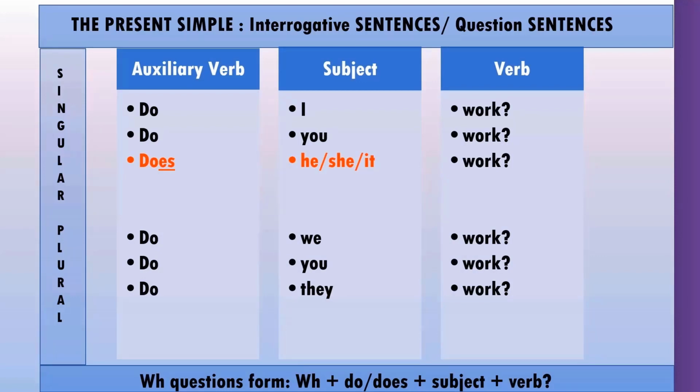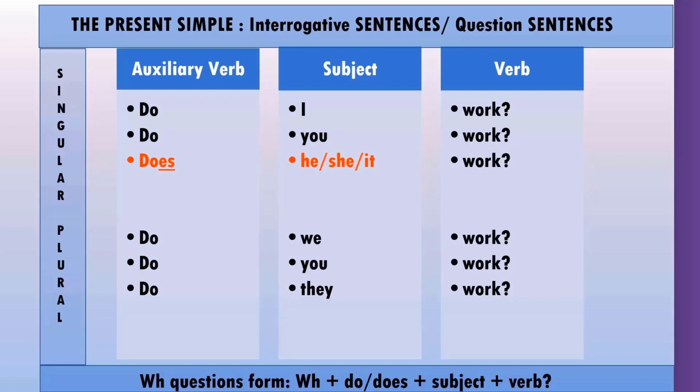Now remember the auxiliary verb before was coming in the second position for the negative sentences, don't and doesn't, okay? But here, in a question sentence, it comes to the beginning, do and does, okay? Remember, do and does, okay? So you've got the auxiliary verb comes at the beginning, then you've got the subject, and then you've got the verb, okay?